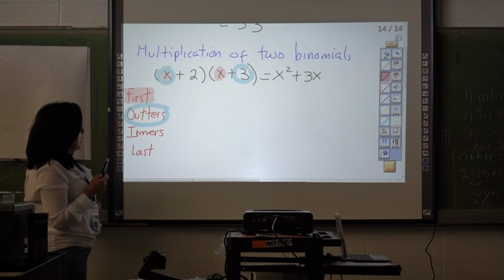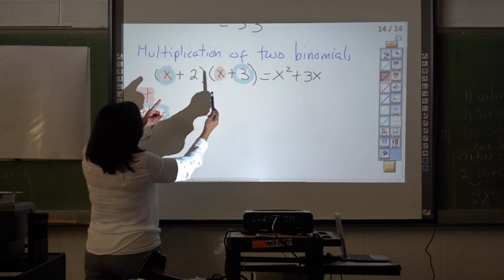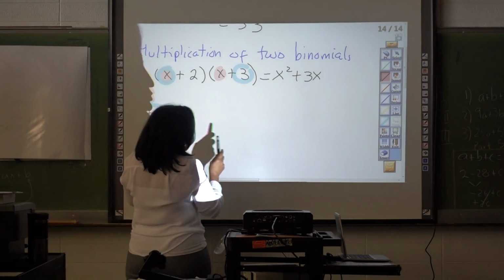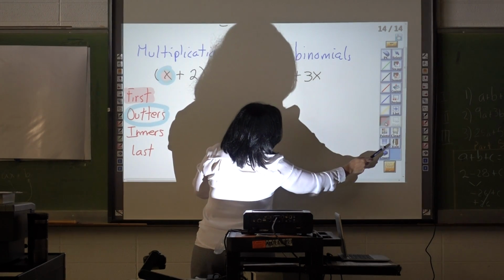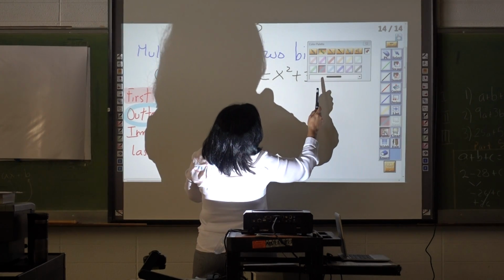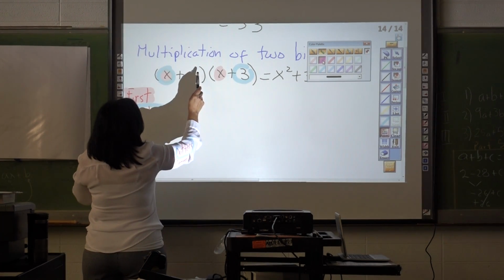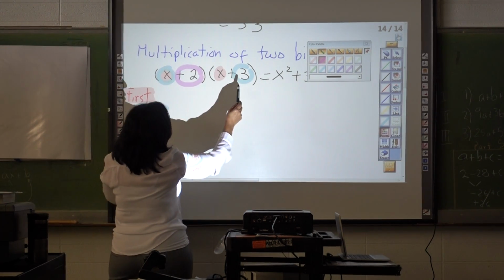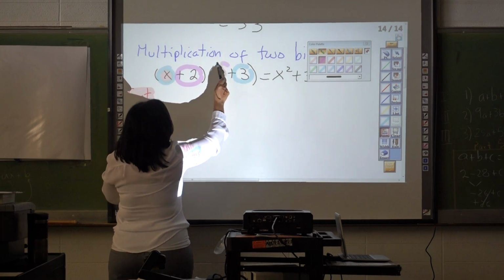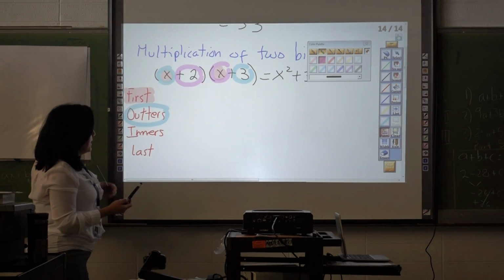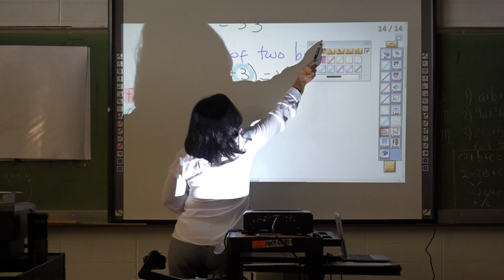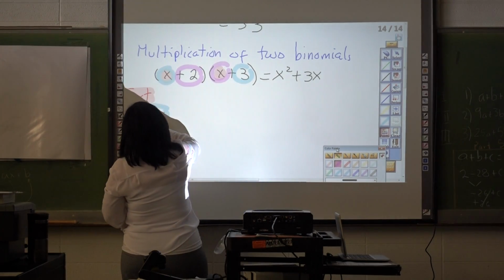And the next ones will be the inners, the two in the middle. I'm going to use this kind of purple. Inners, including the signs, will be this one and this one. So 2 times x is plus 2x.